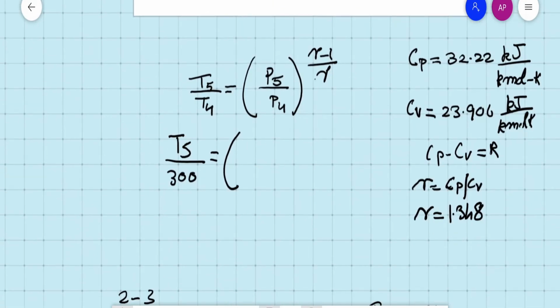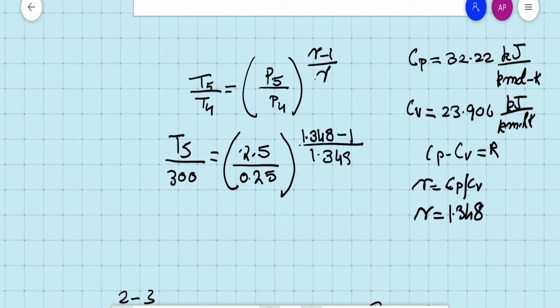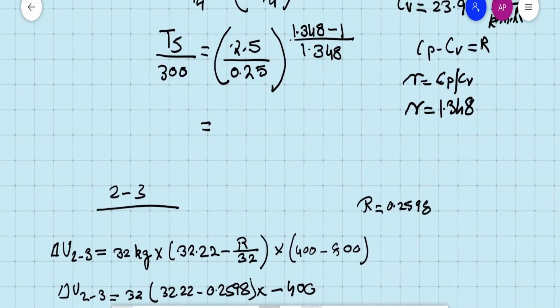2.5 megapascals, and P4 is 0.25 megapascals, the whole raised to 1.348 minus 1 divided by 1.348. Now let's calculate this value.